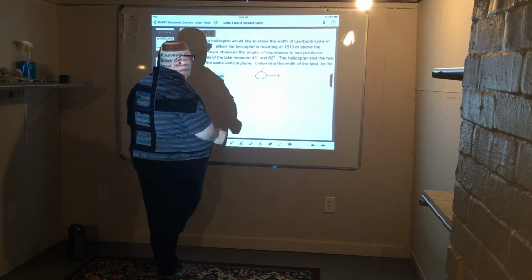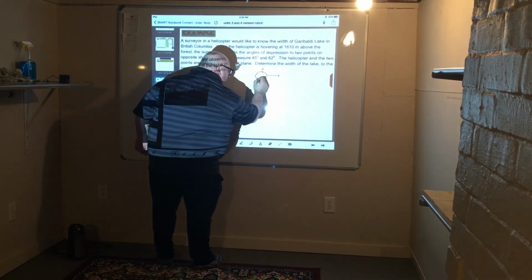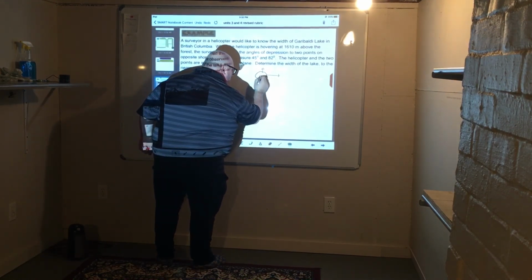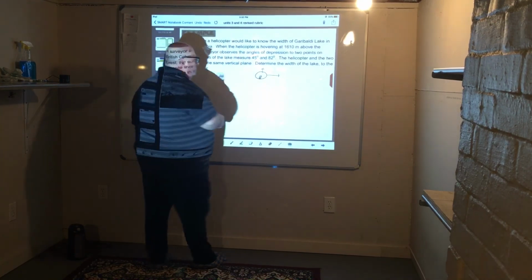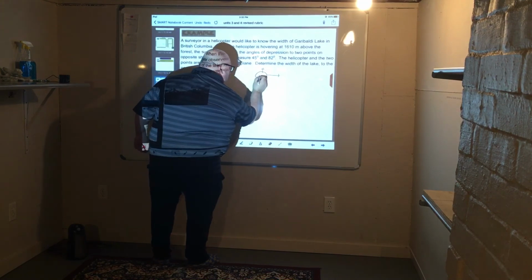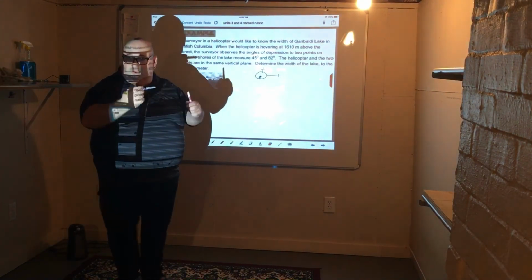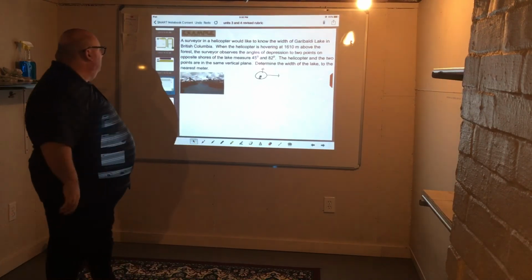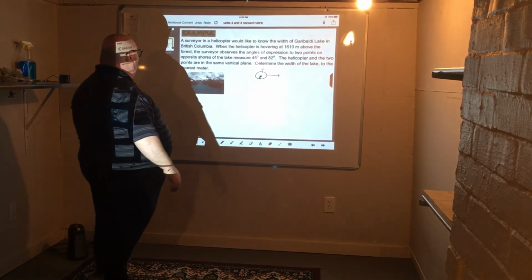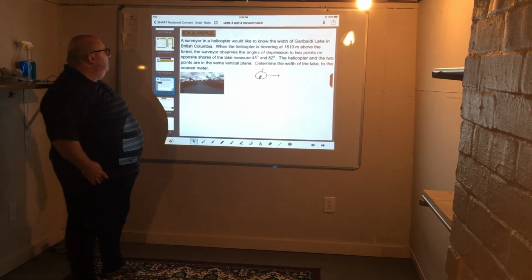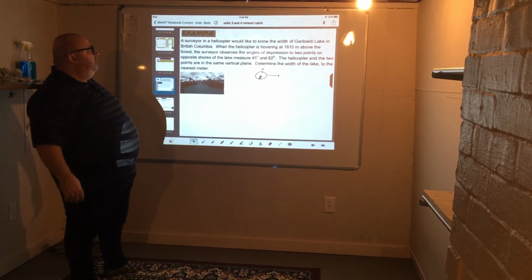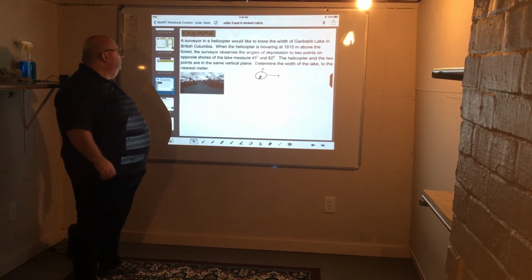The person who's flying us, there he is sitting there. I think he's got a big smile on his face, maybe. And he's happy, he's flying. So he's flying around and he's looking at this lake, and this is Garibaldi Lake, which is in British Columbia.